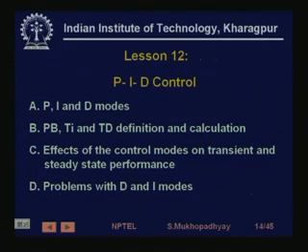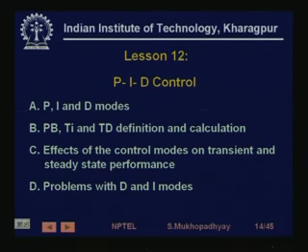Having understood these general concepts, we first took up PID control. People say that even with so many advanced controls, about 80 to 90% of all industrial controllers are PID. So, it is important that PID controllers are looked at thoroughly.